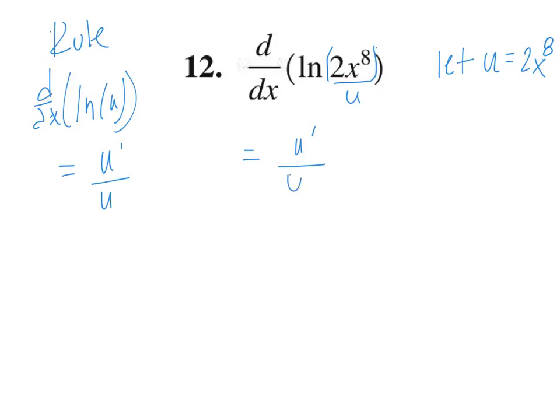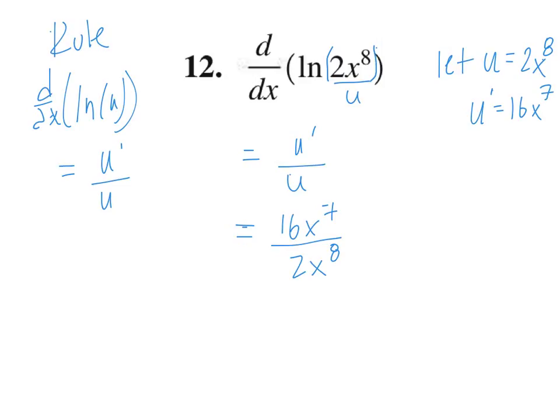So if I found u prime here, that's going to give me 16x to the 7th. And so I'm going to substitute those values in, plugging in for u prime, which gives me 16x to the 7th, all over 2x to the 8th. And so then, guys, this can be simplified.